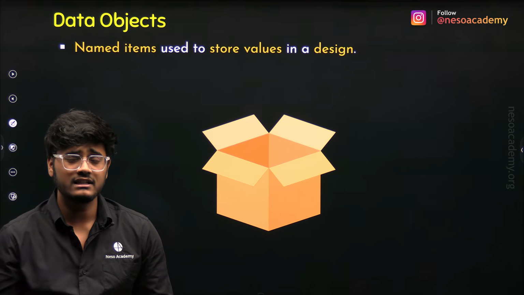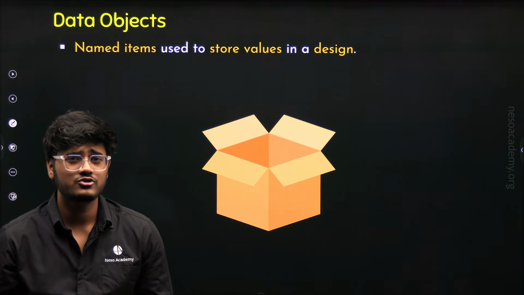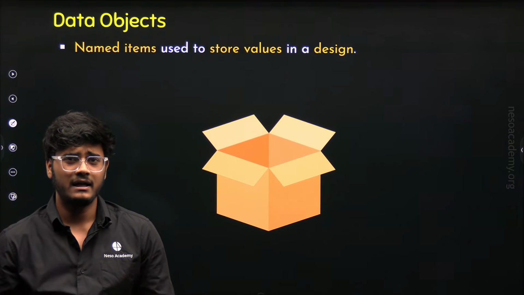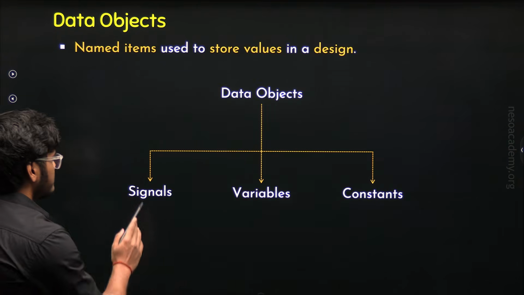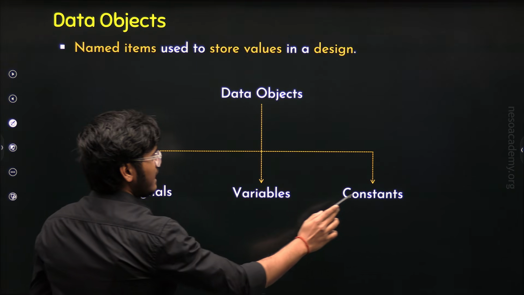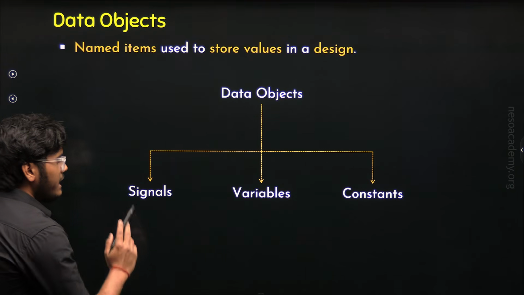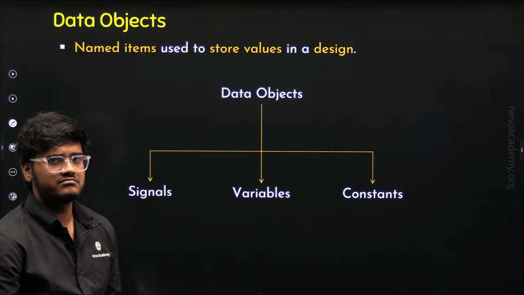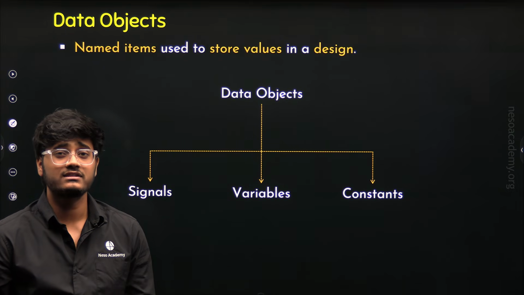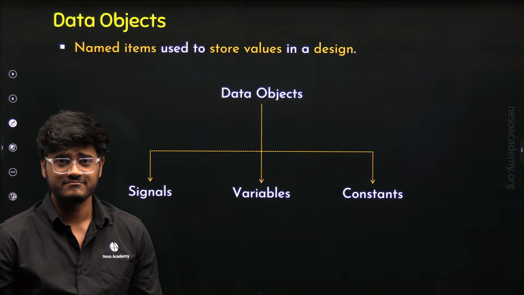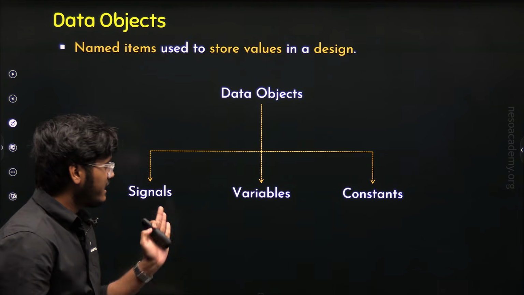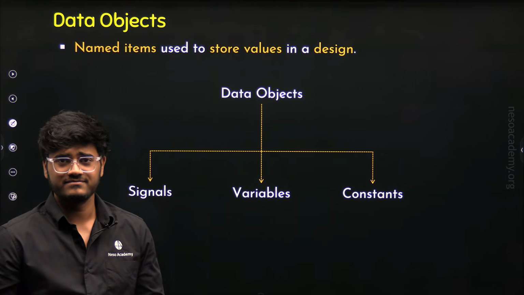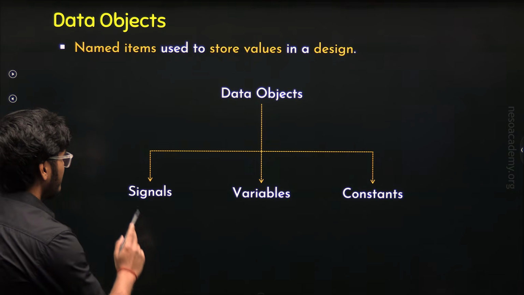And in VHDL, there are different ways to store data values, mainly signals, variables, and constants. Each behaves differently, and understanding this difference is very important. So, let's understand each of them separately. Let's start with signals.